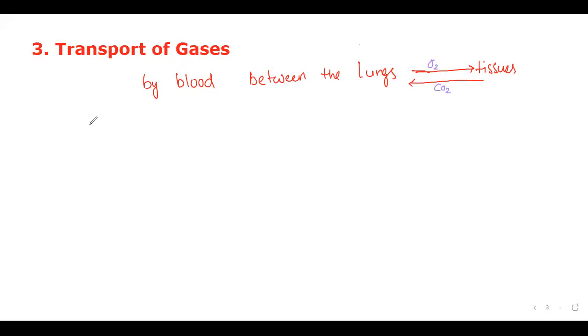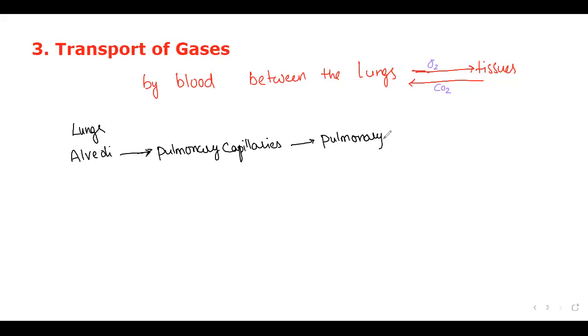So let's start here the sequence of this particular journey. Lungs, which I mean alveoli, isn't it? So from the alveoli, I'll do some help here. Pulmonary capillaries. Okay, what next? Here also I'll do pulmonary vein.